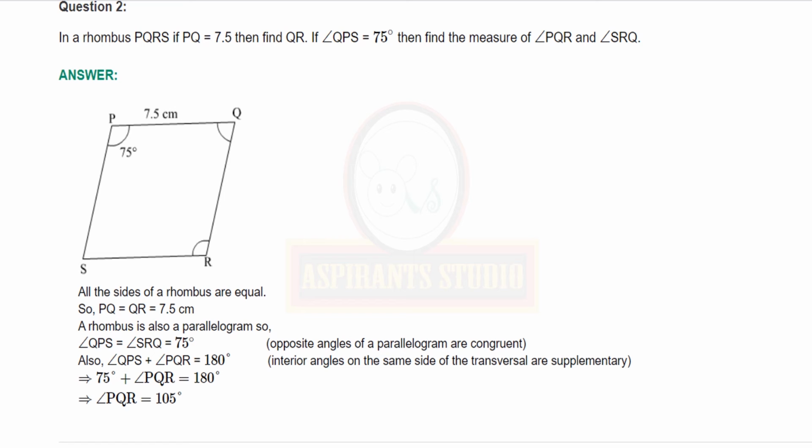So we have the interior angles as angle QPS and angle PQR. Interior angles are supplementary, so measure of angle QPS plus measure of angle PQR is equal to 180 degrees. Now substitute the value of measure of angle QPS. Measure of angle QPS is 75 degrees. Write 75 degrees plus measure of angle PQR is equal to 180 degrees. Therefore, PQR will be equal to 180 degrees minus 75 degrees, which is equal to 105 degrees. Write all the steps.